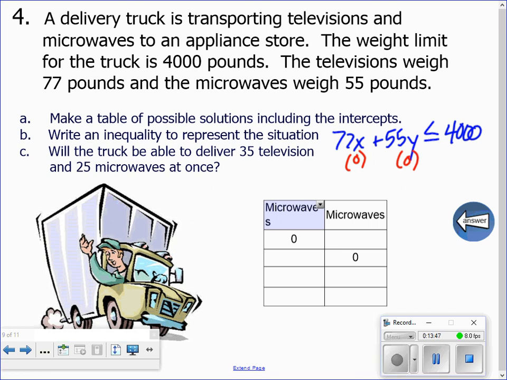So it says, will the truck be able to deliver 35 televisions and 25 microwaves at once? You can put in 35 for the televisions, and 25 for the microwaves, and see if that value is less than or equal to 4,000. And in this case, it would not be.